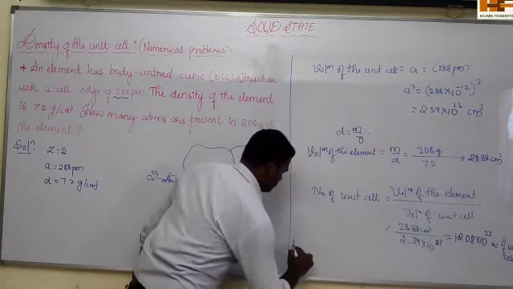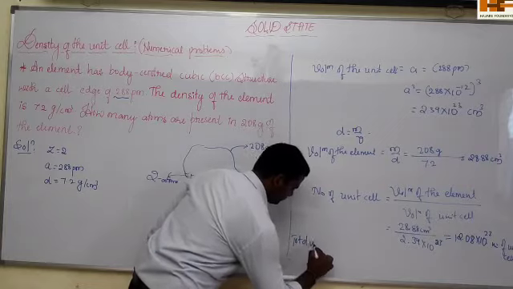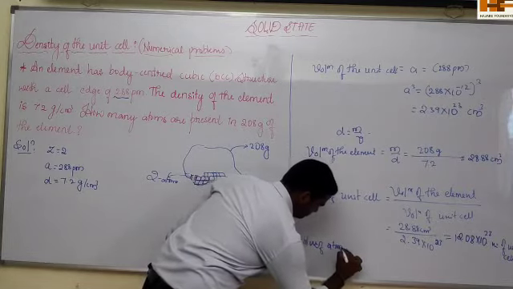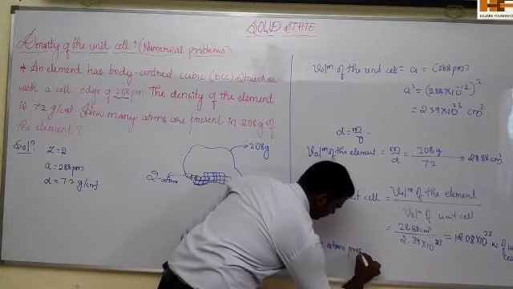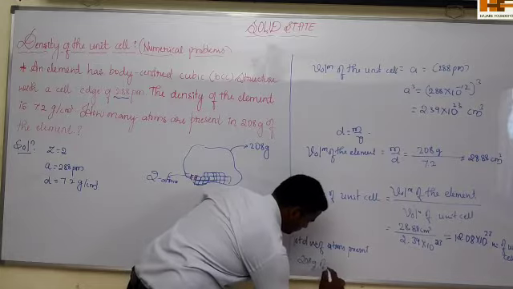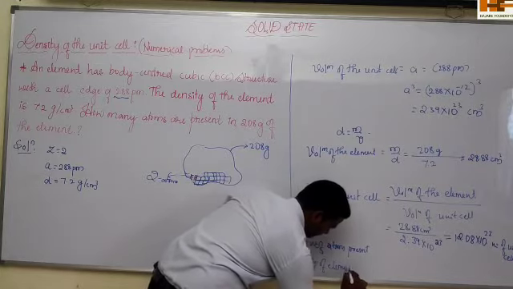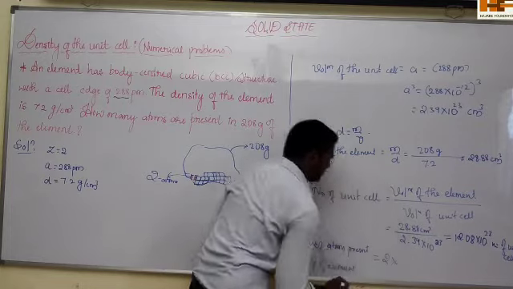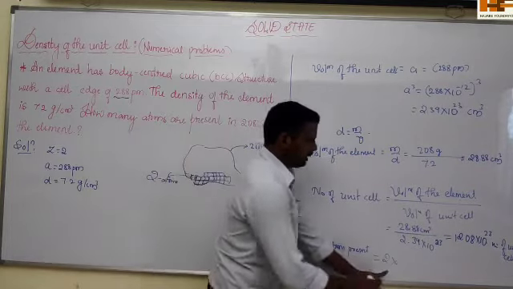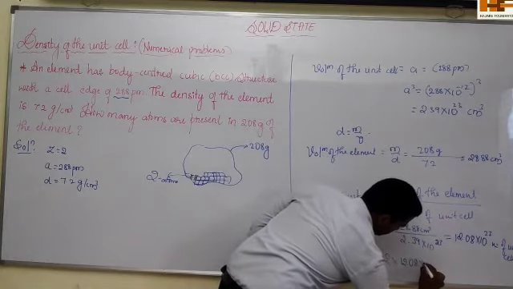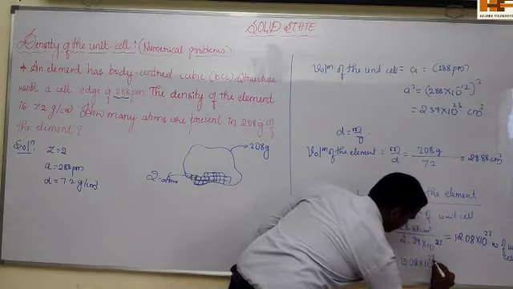So the total number of atoms present in 208 gram of element is equal to 2, because the number of particles present is 2, into how many unit cells are there? 12.08 into 10 to the power 23.